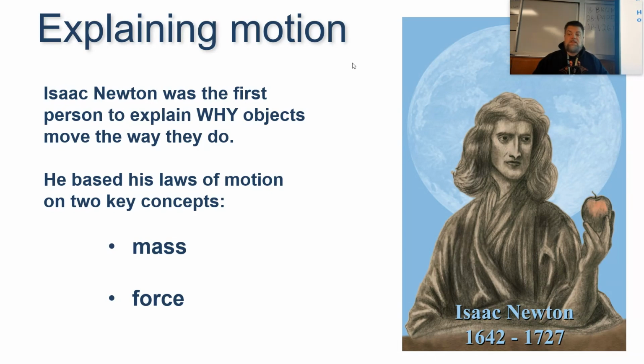And think about it, it's just out of curiosity. Something fell down. He goes, what goes up must come down. Why does it come down? How does it come down? Is there a pattern in which it comes down? What are those patterns? Can I predict the way that it comes down?